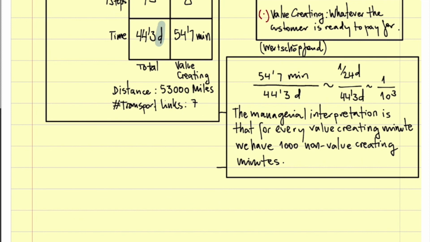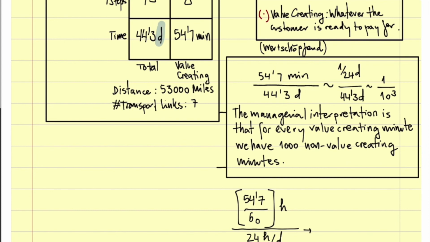If you want to do it exactly, you can do it exactly. Of course, you can divide 54.7. The calculation is like this: 54.7 divided by 60 gives hours, and this divided by 24 hours per day gives you the number of days.